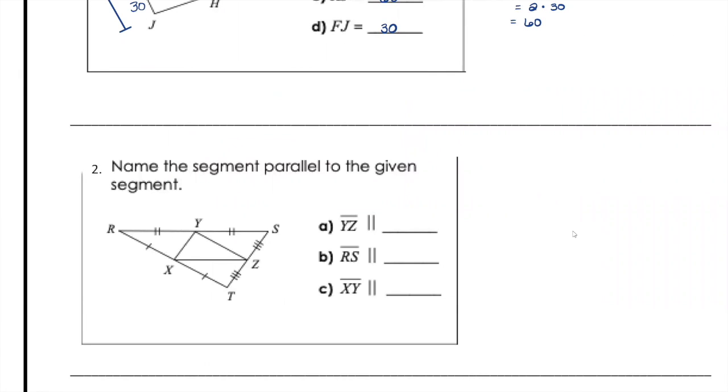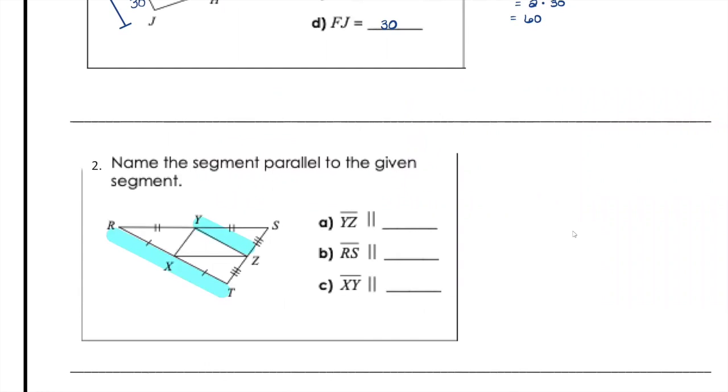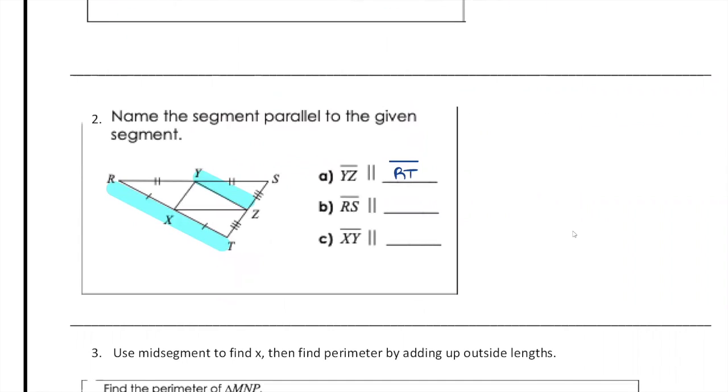Number 2, name a segment that is parallel to the given segment. YZ is parallel to whom? RT. So RT, good. RS is parallel to whom?